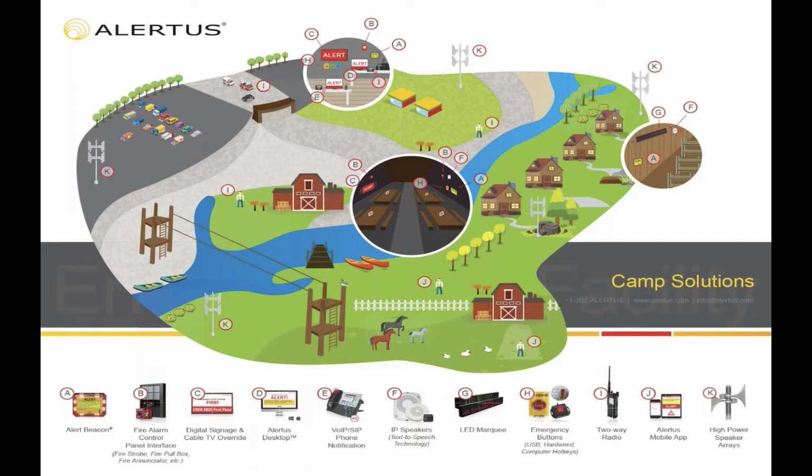Just know that we do have integrations and activation options within our system with weather alerts. So we can tie in different weather alerts within our system to notify our campgrounds of inclement weather. That way you don't have to monitor weather at the same time as doing your duties as director or counselor or your basic duties of the campground.